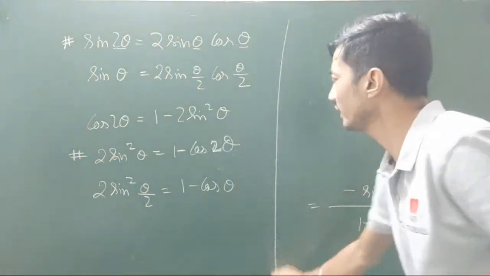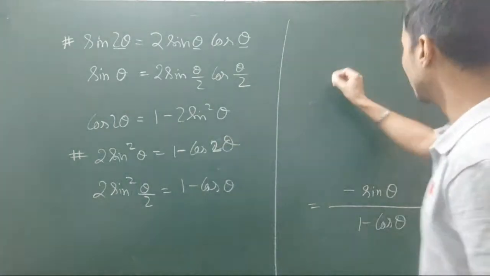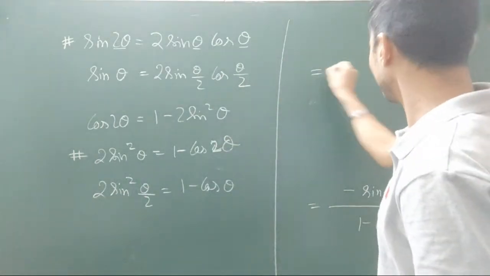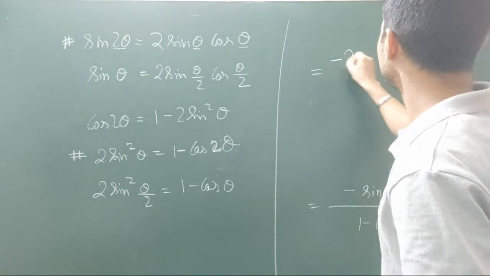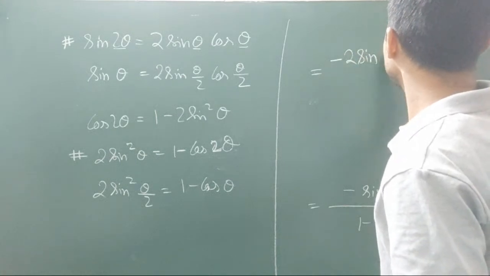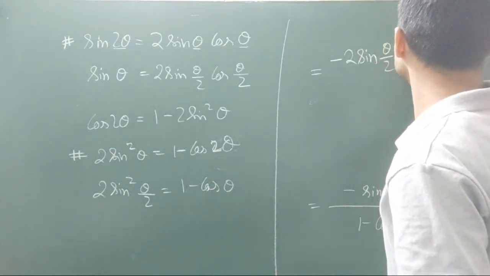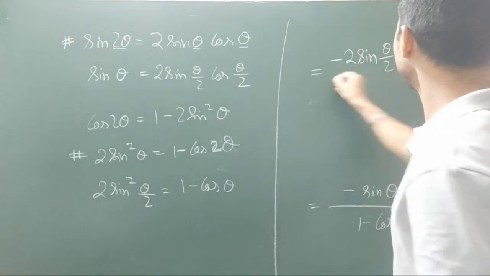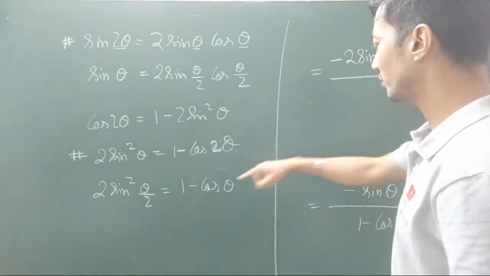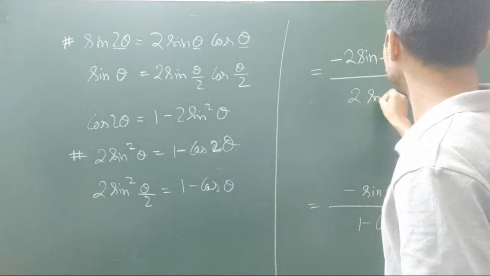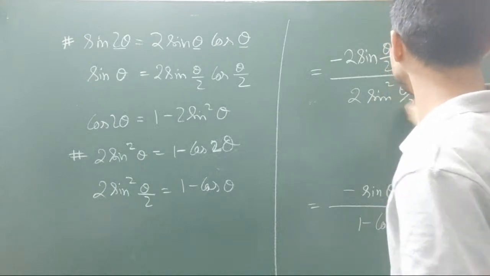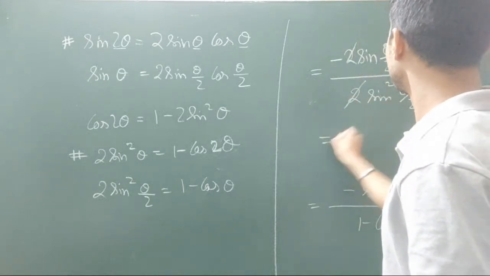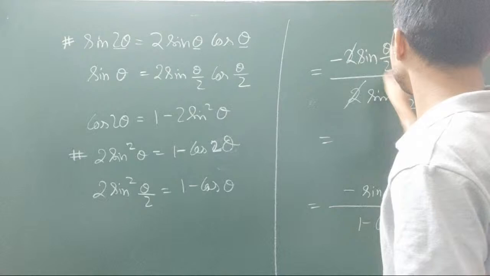So I'll continue. You can write this in your rough copy by the side. So minus sine theta, I will write as minus 2 sine theta by 2 cos theta by 2. Only the angle is divided by 2, okay? And 1 minus cos theta can be written as 2 sine square theta by 2. So 2 cancel. Sine theta by 2 cancels.